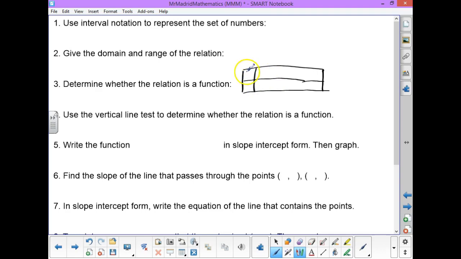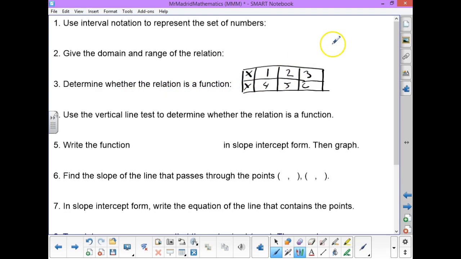You get some category, x and y, and then they'll give you some values: 2, 3, 4, 5, 6. What you want to do is, once again, determine whether the relation is a function.